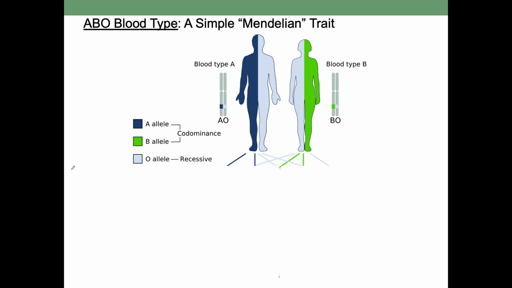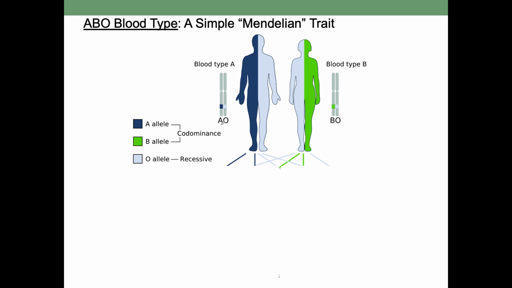And so this is expanding our pea plant example and the hamster coat example in two ways. One, there are three alleles, where in the previous example there were only two alleles, tall versus short, black coat versus white coat. Right now we have three alleles, the A-type allele, the B-type allele, and the O-type allele. The second way that this is different is the A and B alleles are codominant. Neither one is dominant to the other.